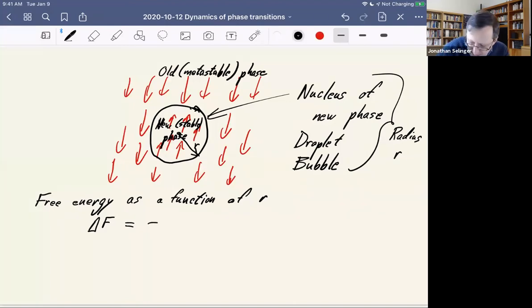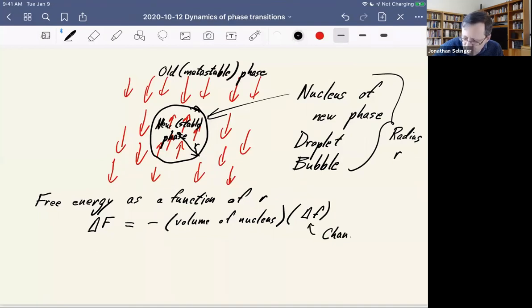Okay, and it is the volume of the nucleus times the change in free energy density, right? This is the change in free energy density per volume.